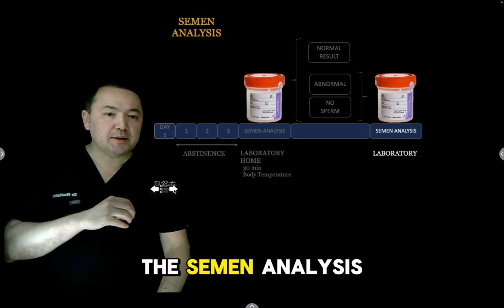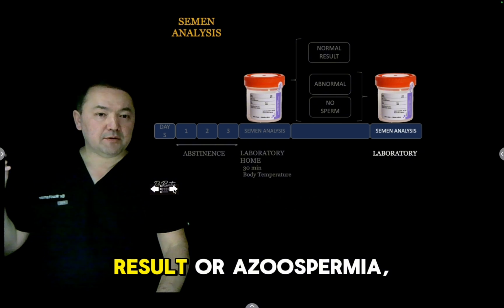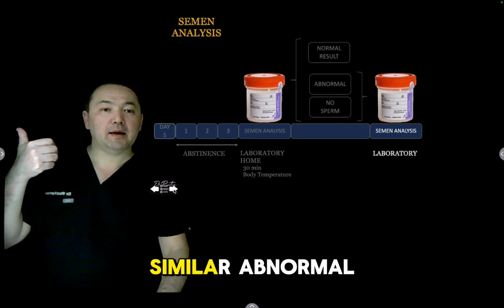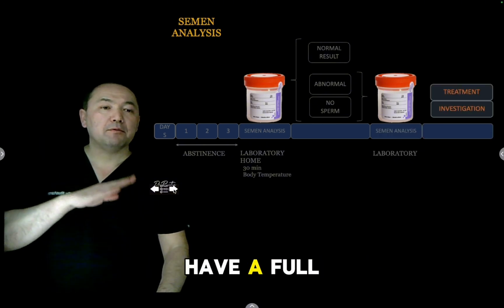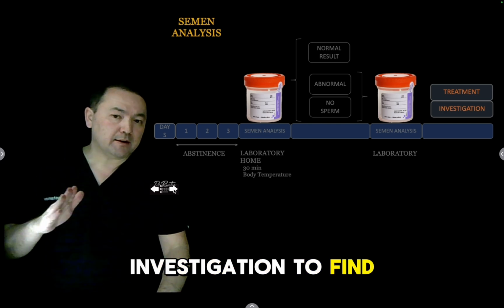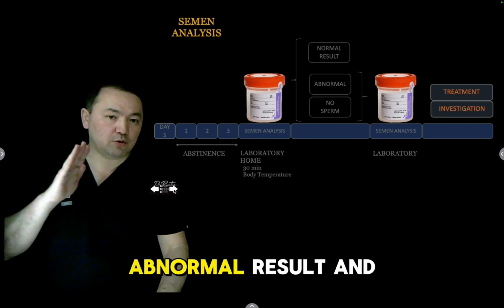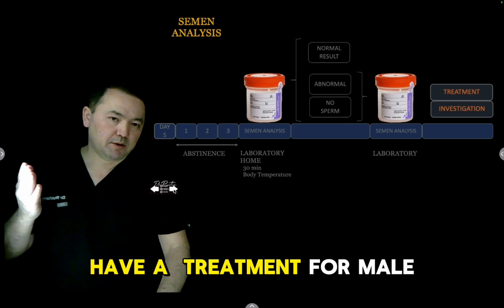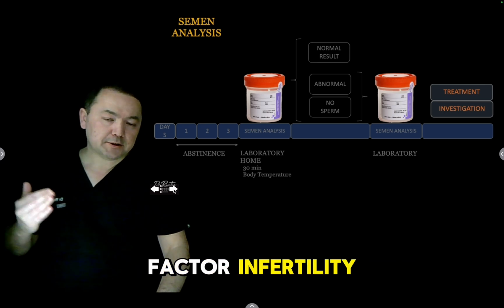If you have a similar result again, abnormal or azoospermia, then you need a full investigation to find out the cause of that abnormal result and treatment for male factor infertility.